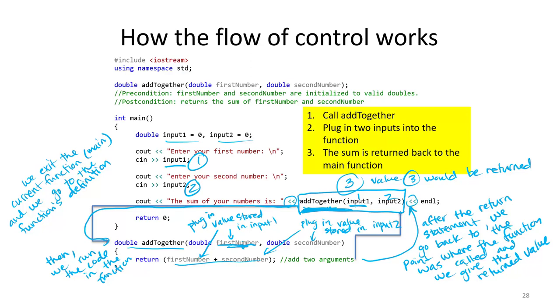And in this case, since this is part of a cout statement, the value here is outputted as part of the cout statement.